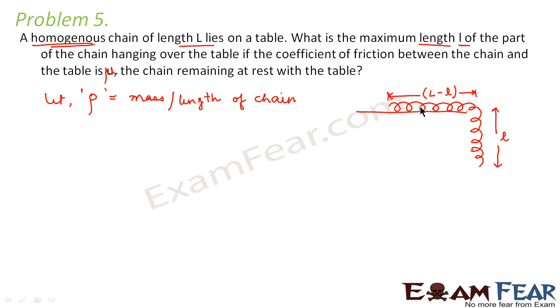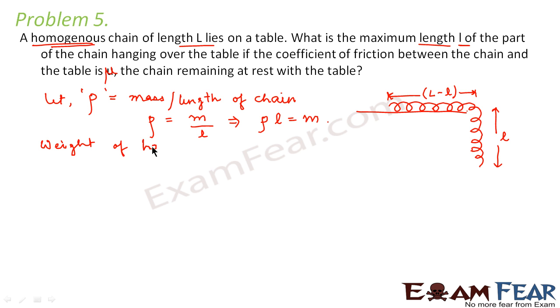Homogeneous means that the density will remain the same throughout. Now rho is equal to m by L, or rho into L is equal to m.